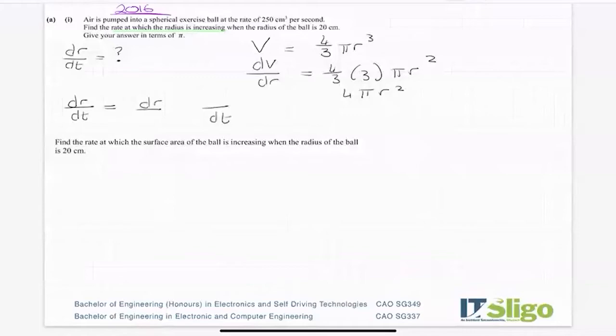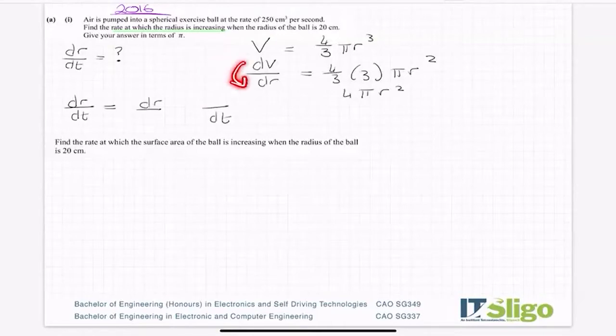Okay, so what have I done here? In many questions for rates of change, you get at what you need by breaking it into 2 parts. I will differentiate something with respect to the radius and something with respect to time. Now I see in here I have a dV/dr.